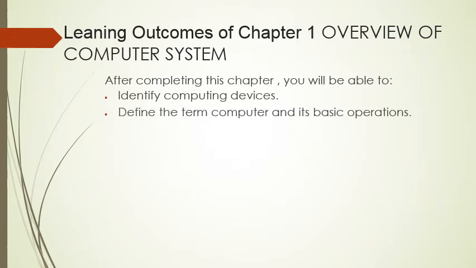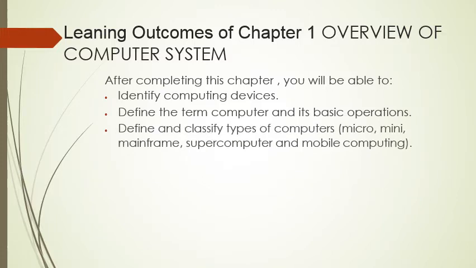Define the term computer and its basic operation. We will also get to know what a computer is, and what basic operations it performs. Basic operations are inputting, outputting, processing, storing, or we can say keeping. Okay, so these are the basic operations of a computer.